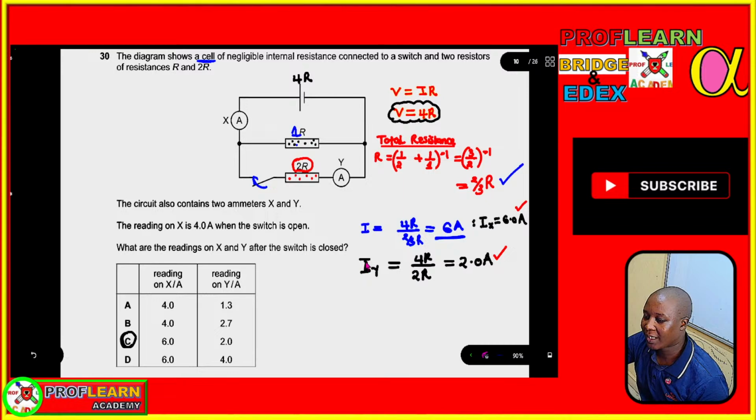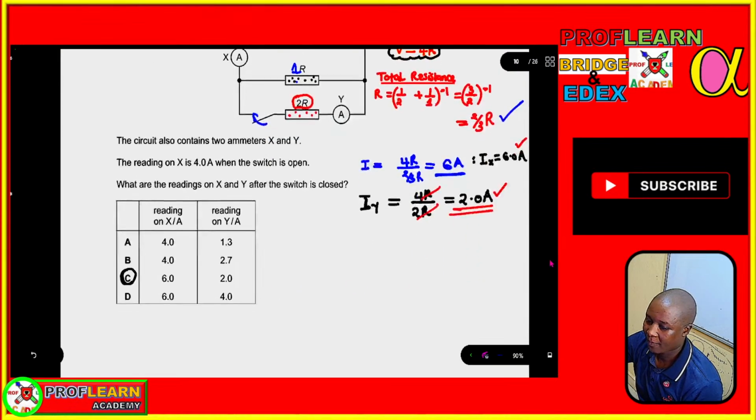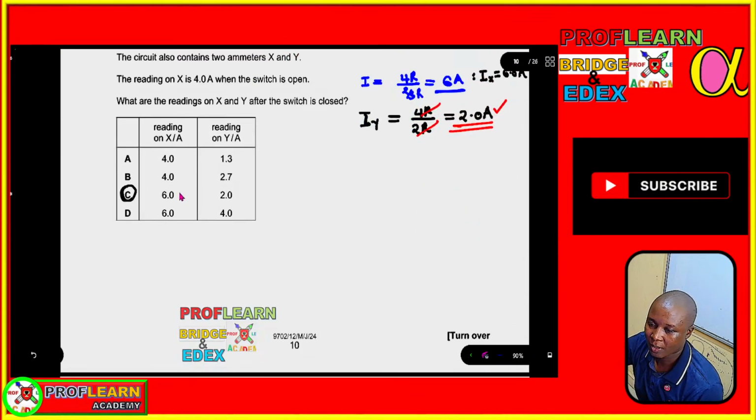So current Y, passing through this part, is the voltage 4R over the resistance in that section, which is 2R. If you work it out, you get 2.0 amperes, because the R's cancel out. So our answer is 6 A for X and 2 A for Y.